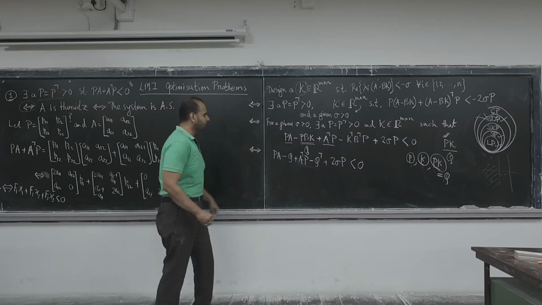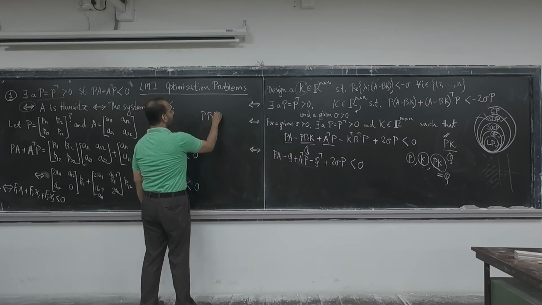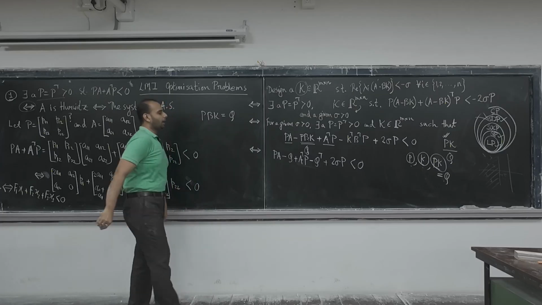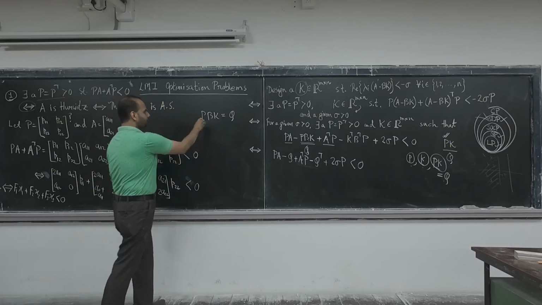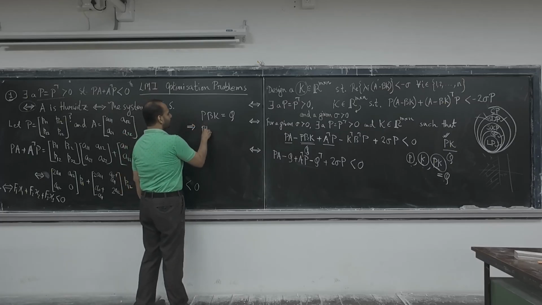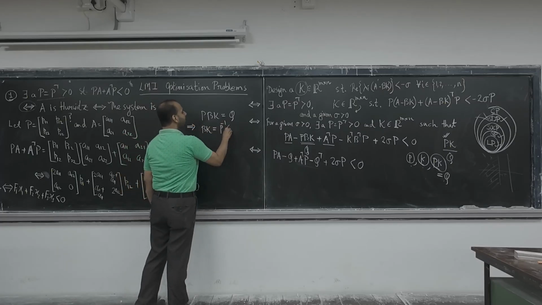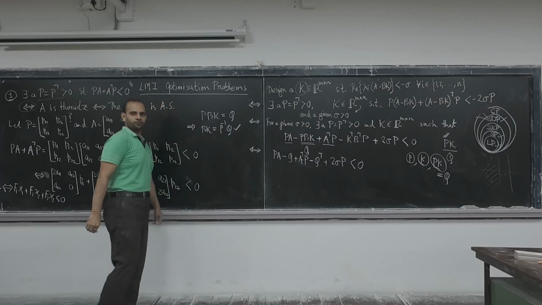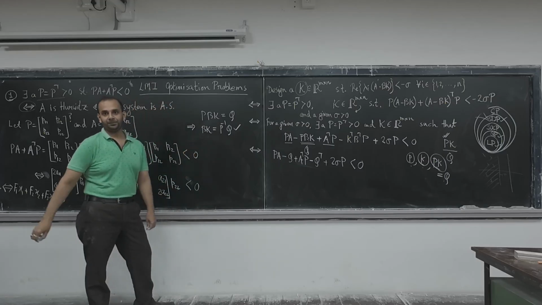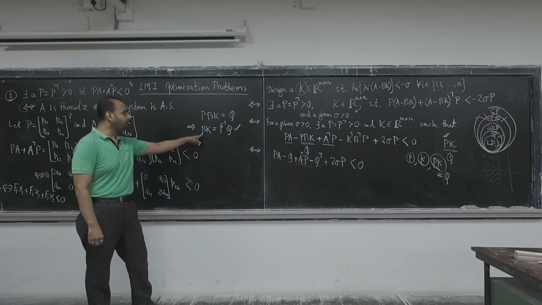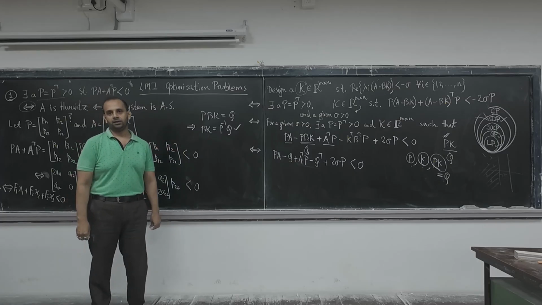Now if your substitution is PBK equals Q, and suppose you have got the solutions Q as well as P, then from that what is the next step? Your BK equals P inverse Q. Up to this much it is fine, but from this step can you uniquely find K? That would be the problem, because B is a non-square matrix.